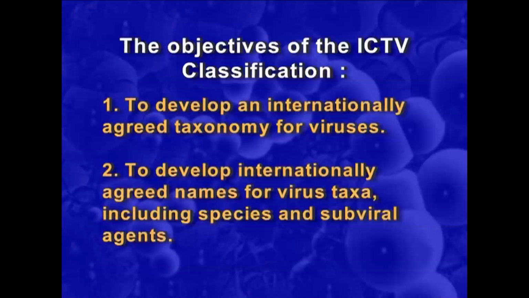Objectives of ICTV classification was to design a universally acceptable taxonomy of viruses. Next, they wanted to develop a taxonomic approach not only for the viruses but also for the subviral agents like satellites, prions and retrotransposons.